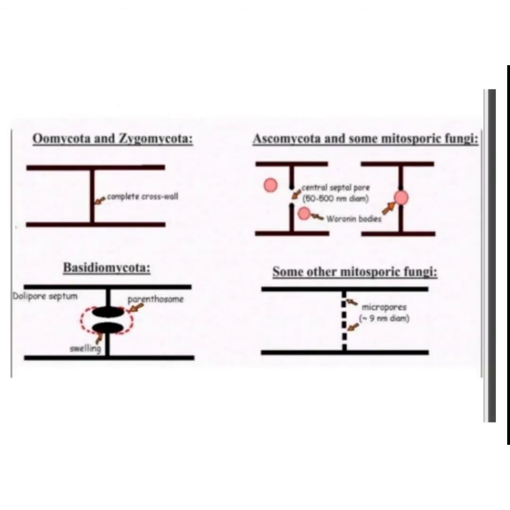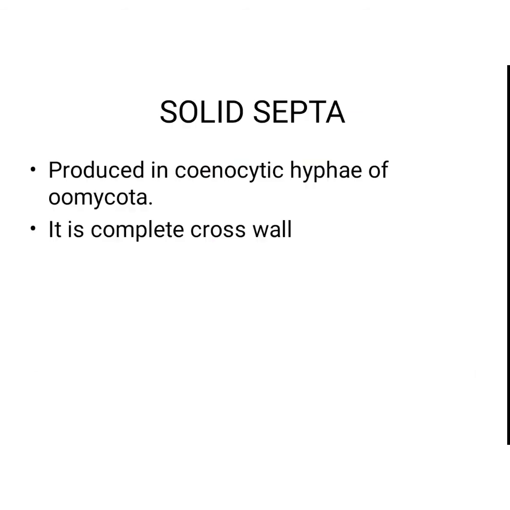In this picture, you can see that Oomycota and Zygomycota phylum contain this complete cross wall. This complete cross wall is solid septa, and Ascomycota contains this type of septa, and Basidiomycota contains dolipore septa, and other mitosporic fungi contain this type of septa, like perforated. One by one I will explain.